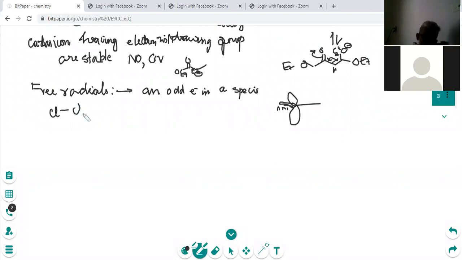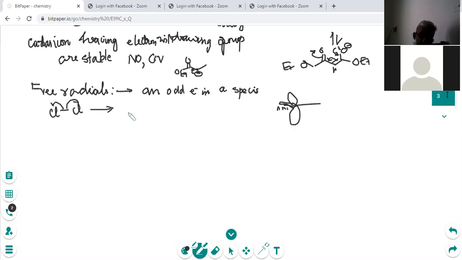Now, what is homolytic bond fission? A bond is getting broken and the electrons are taken back by the atoms. See here, look how I'm drawing the bonds. We have discussed already. Now we'll see this.